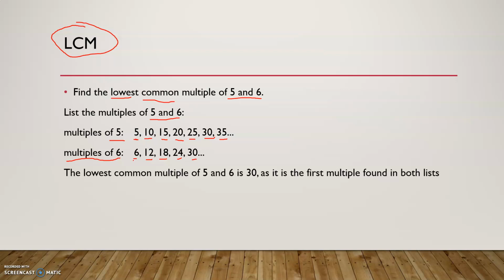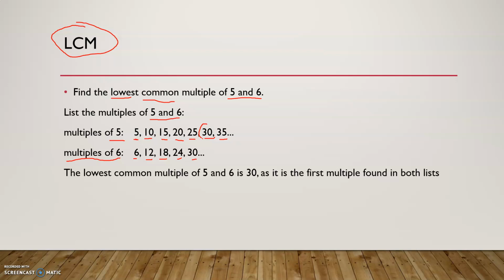Here we can't see any 5, hence we can't take 5. Moving on to 10, there is no 10 on this one, hence we can't take 10. Moving on to 15, we can't see any 15, so we can't take 15. Moving on to 20, there is no 20. Moving on to 25, there is no 25.